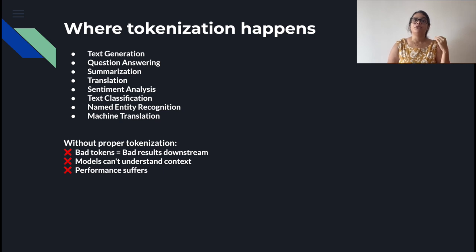Even when you are working with tools like spaCy or NLTK, tokenization is happening in the background. Every time you parse a text, break it down, or analyze it, tokenization is the first step. Without proper tokenization, the rest of the pipeline breaks. Bad tokens mean bad results downstream. That's why understanding tokenization is crucial.